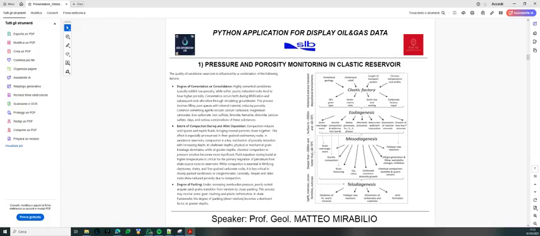Temperature is the most important to monitor and to underline the evolution of the reservoir. For example, deeper than 2000 meters, we can have a hot temperature change between 16 and 17 Celsius degrees along the life of the reservoir.